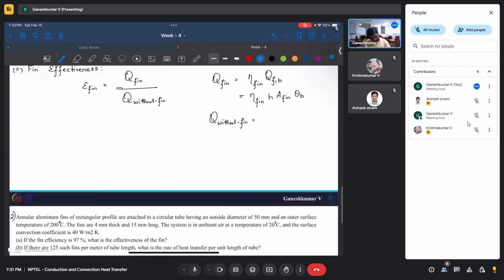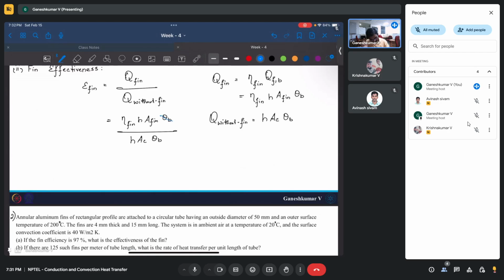You just need to find heat transfer through that surface area. How will you find that? It is going to be simply h times area of cross section of the fin, or area of cross section of the base, multiplied by theta b. Now let's just substitute this. This is going to be efficiency of the fin times h A_fin theta b divided by h A_c theta b.